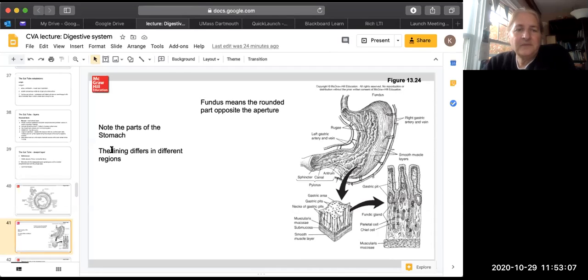So things are a little different in the stomach. It still has villi. This part that sticks up like this is called the fundus, right? There are sphincters at the anterior and posterior.